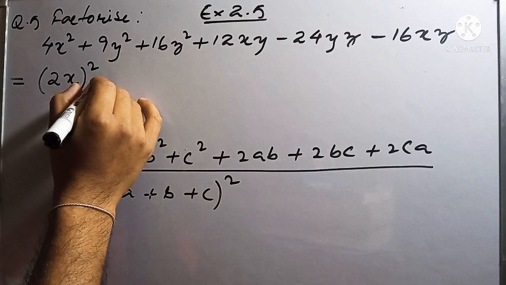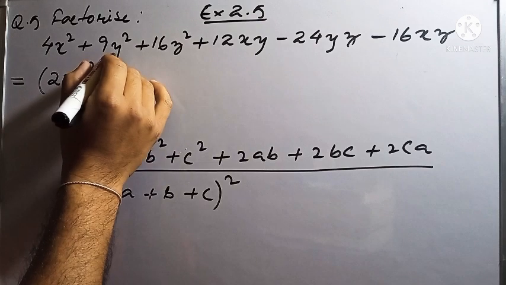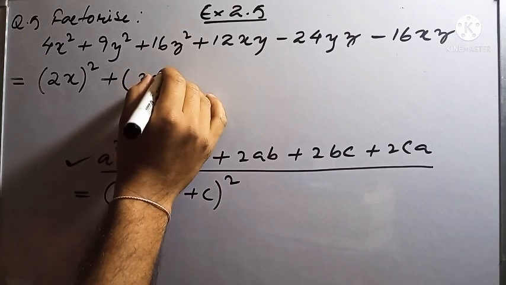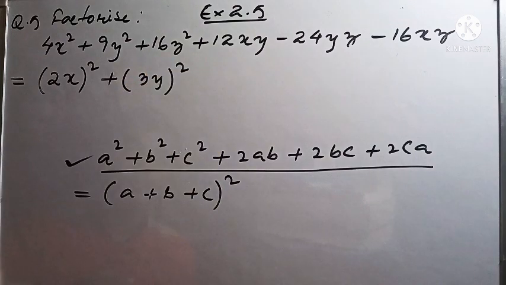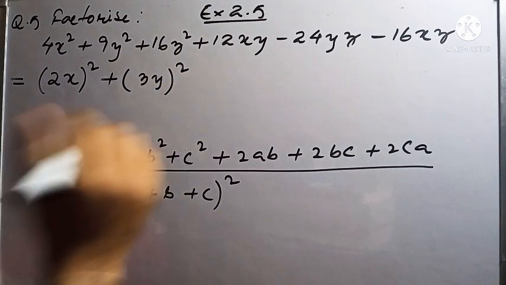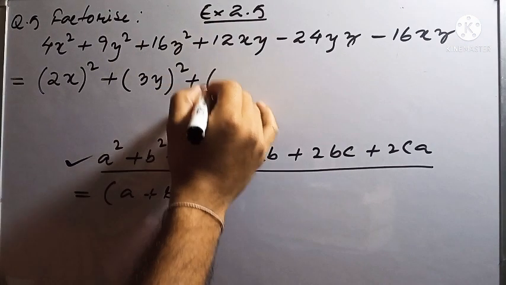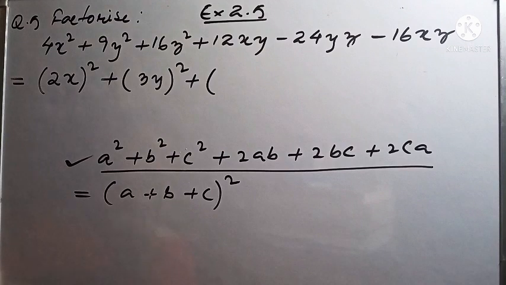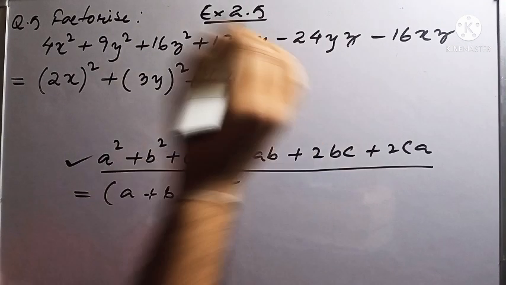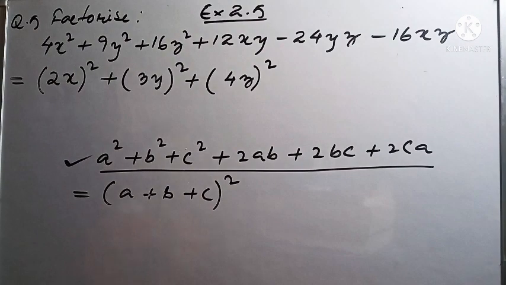Similarly, in case of this 9y square, can you write thrice y whole square? 3 square means 9, y square. What about the next, 16z square? You can write 4z whole square.